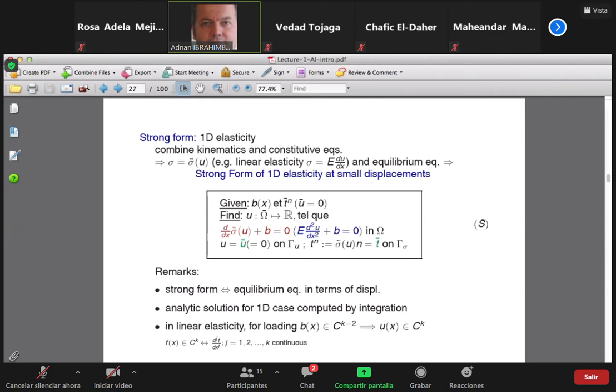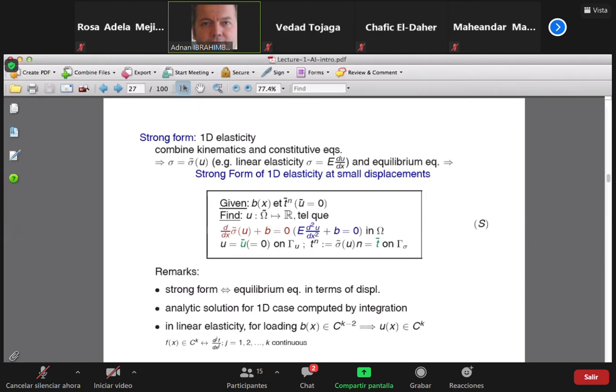In the process of integration, you're going to have 2 integration constants, and that is why you need 2 conditions from which you can compute these constants. These conditions happen to be precisely the boundary conditions, either on imposed displacement or imposed stress, which allow you to compute these constants uniquely.